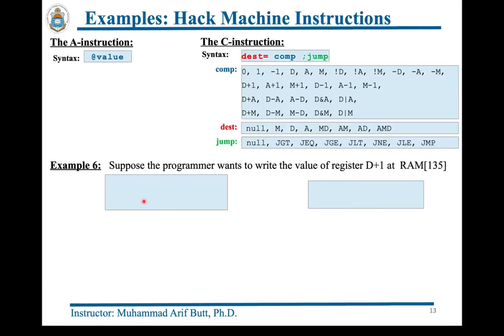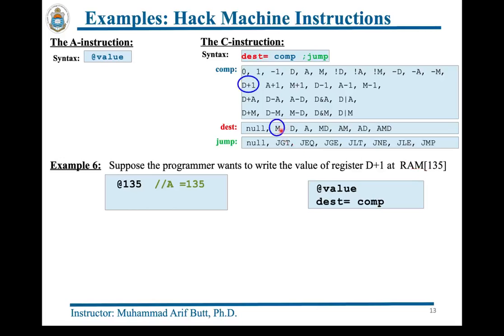Okay, so in this example, the programmer wants to write the value of register D with an increment at RAM address 135. This is again very simple. We first need to set the A register, the address register, to 135, and now the M register is actually pointing to this location, and this can be done something like this.